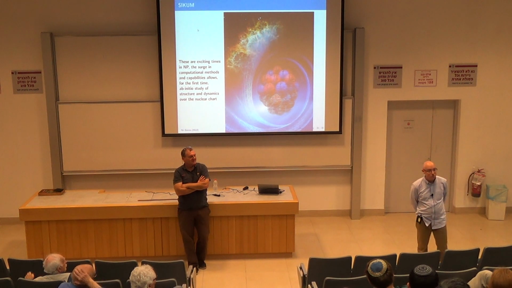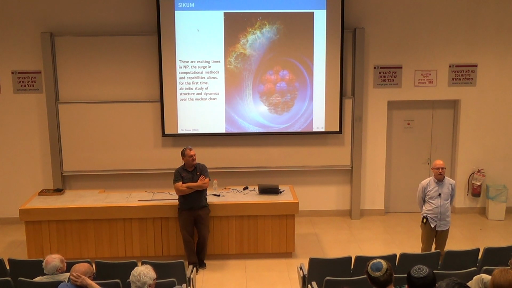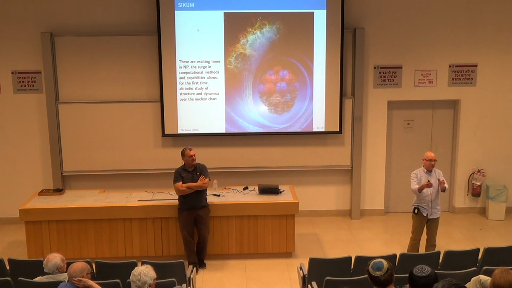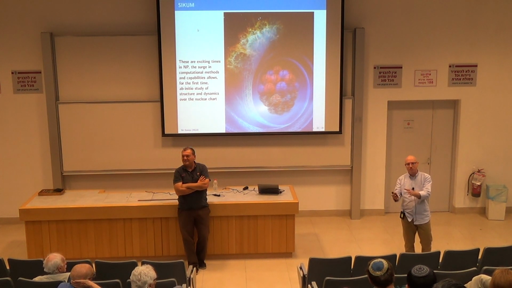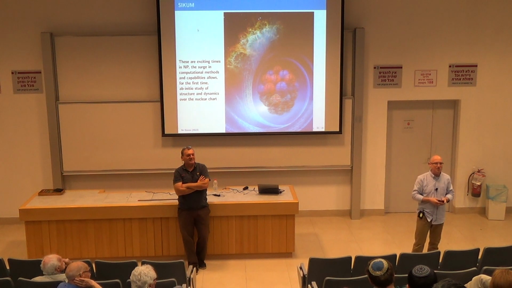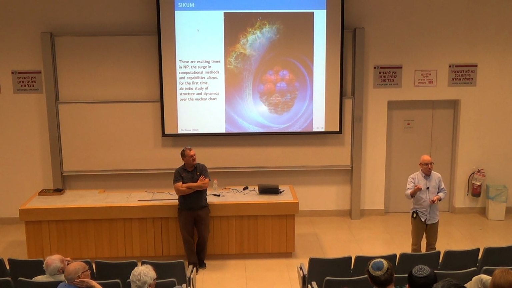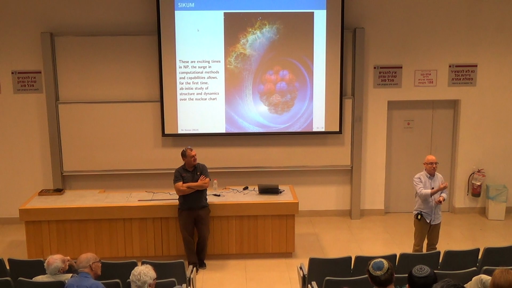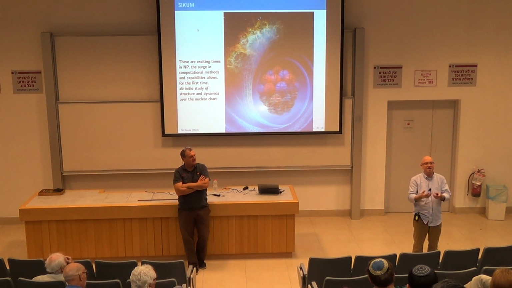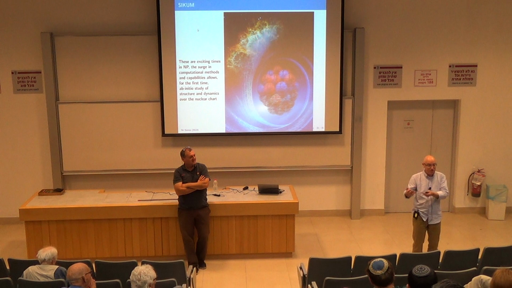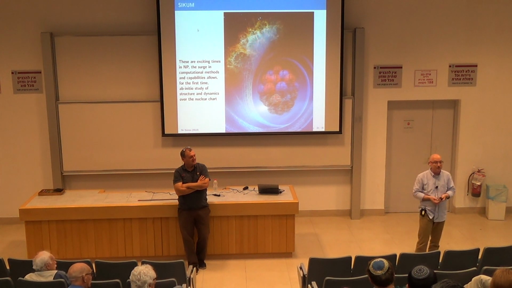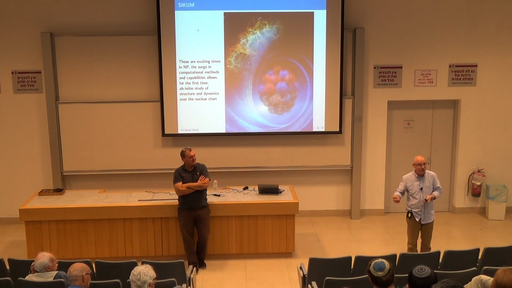of this nucleus. In principle you can write down the nuclear current, a 4-vector current, with the 0 component, which is the density, and the vector part of the current. You can do it for the electric current, and you can do it the same way also for the weak interaction.